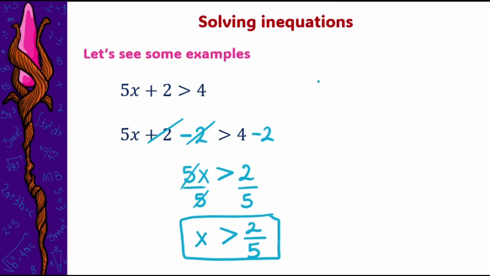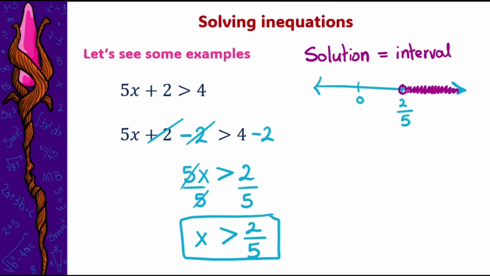If we are on the number line, we have the 0 and the 2/5 here, let's say, then the solution are all the numbers that are bigger than 2/5. Why did I leave this hole here? It's because the 2/5 is not included. If we wanted x to be bigger than 2/5, then it cannot be 2/5. So the correct representation would be like this. So the solution is actually an interval.